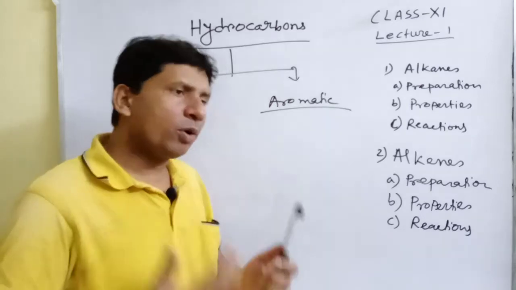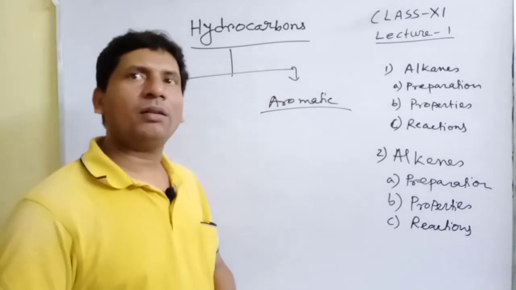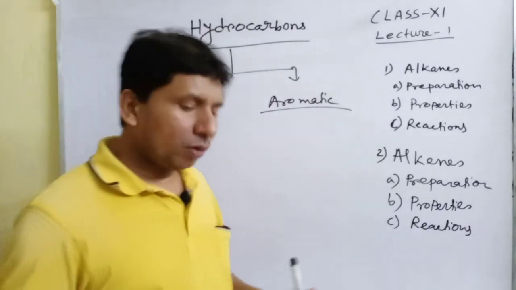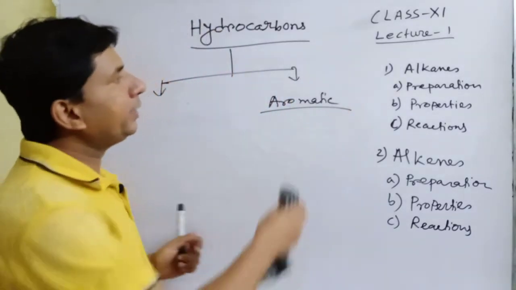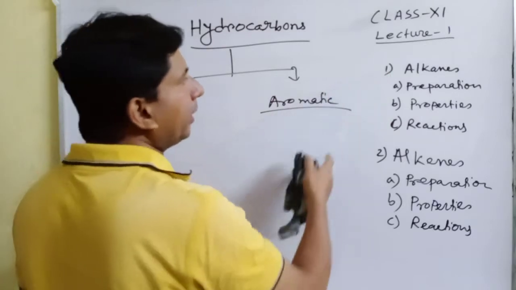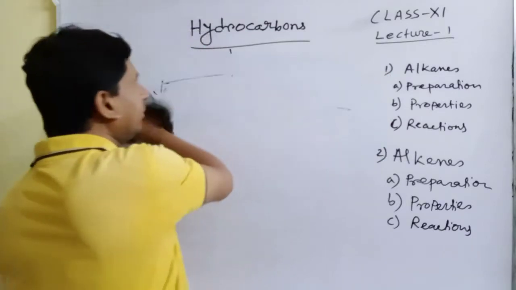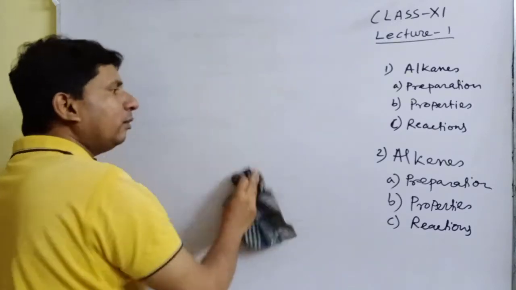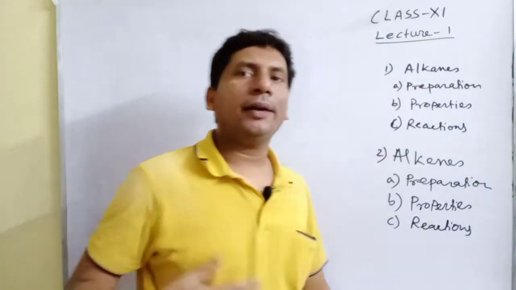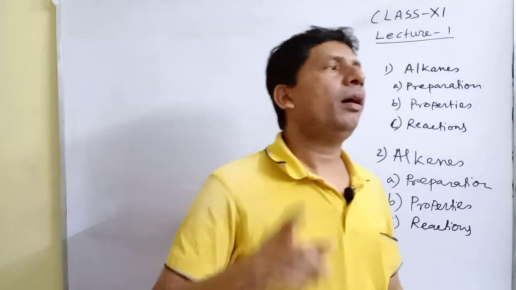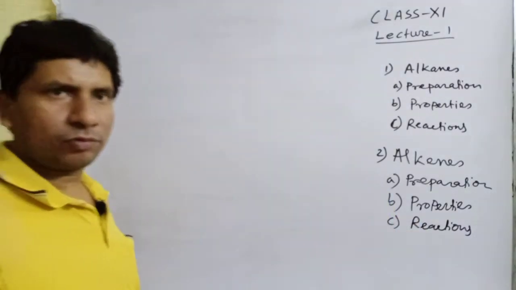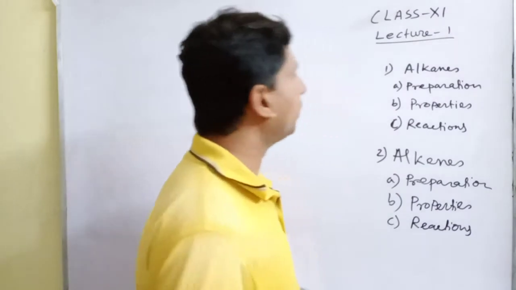I will give you a separate lecture on aromatic compounds. Now I will discuss first alkane and alkene, and in the next lecture I will cover alkynes, its preparation and aromatic hydrocarbon, according to your latest syllabus.